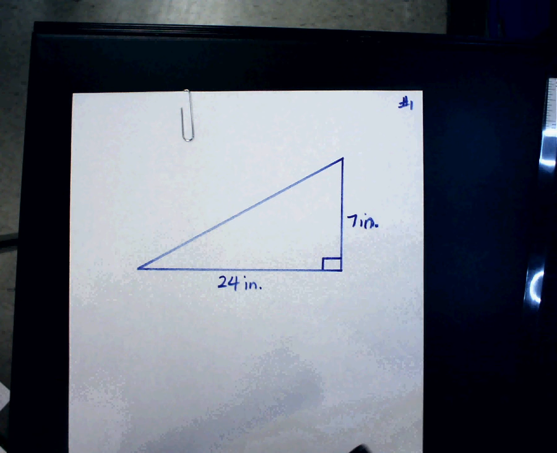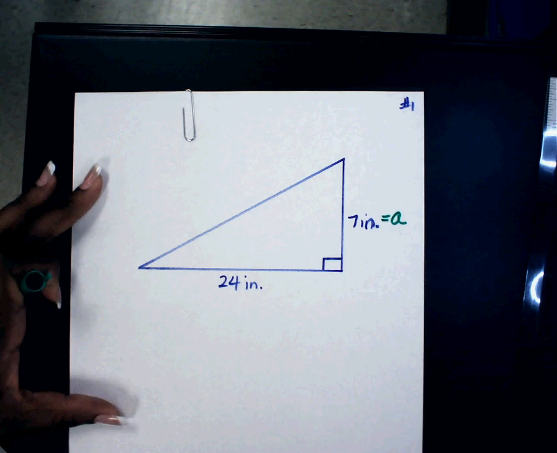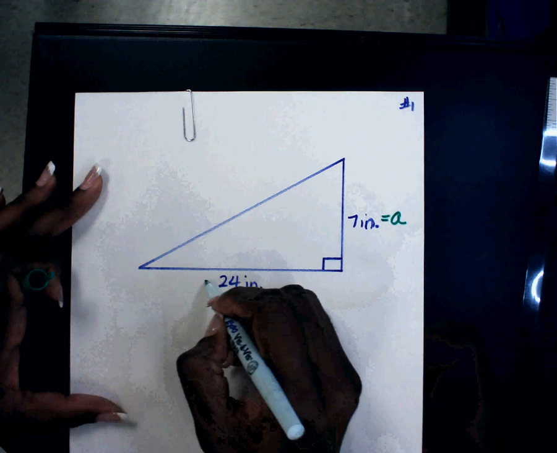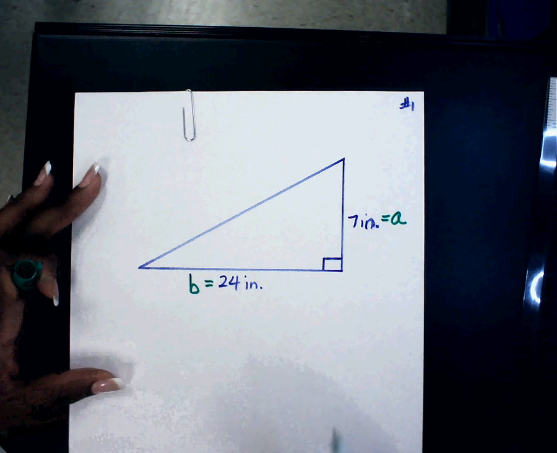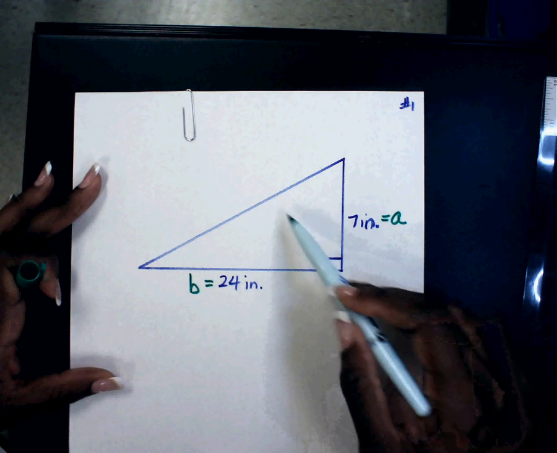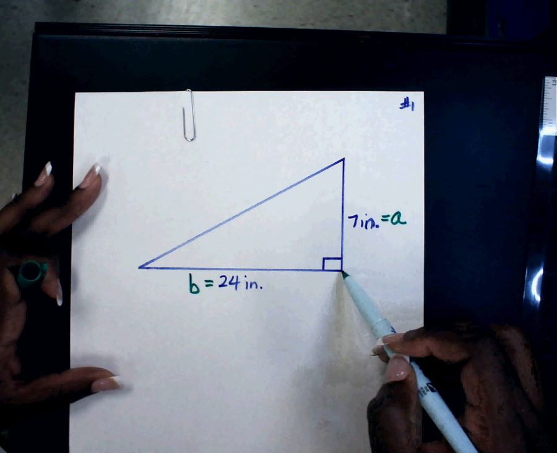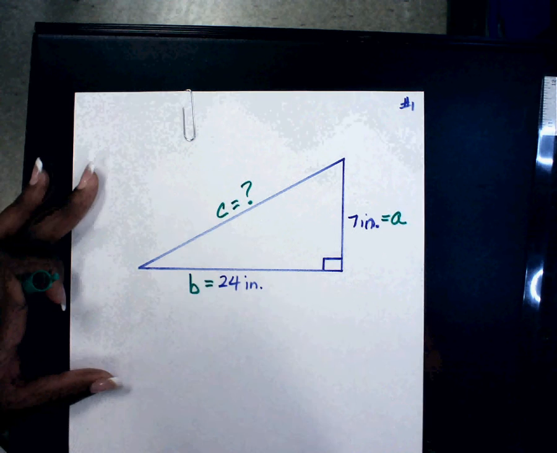So we're going to label our 2 legs, and we're going to start with this side being our A, and then for this side, this is our B, and the side that's across from or diagonal from the right triangle symbol is our C.